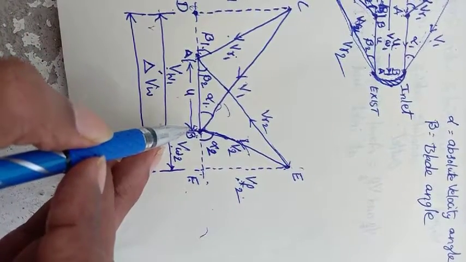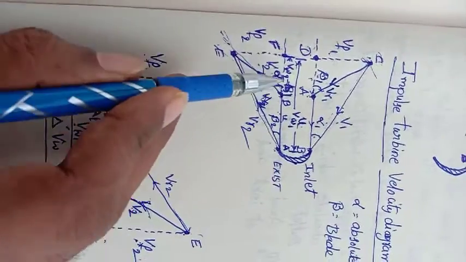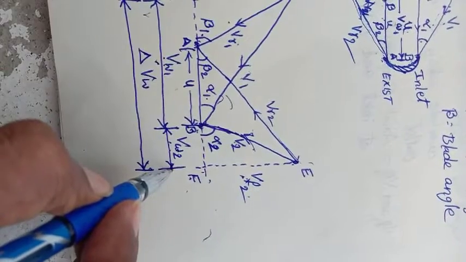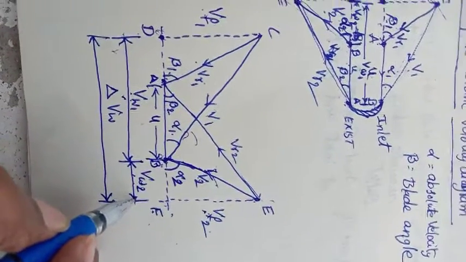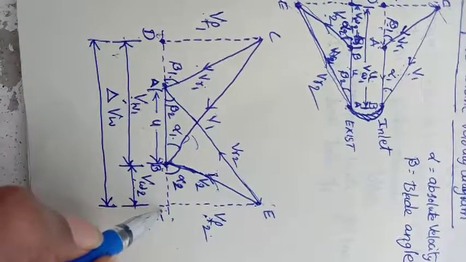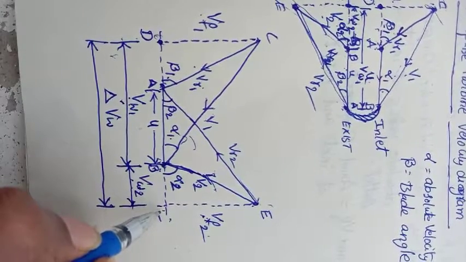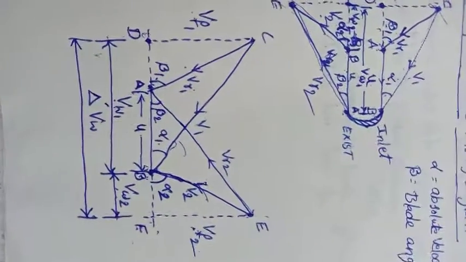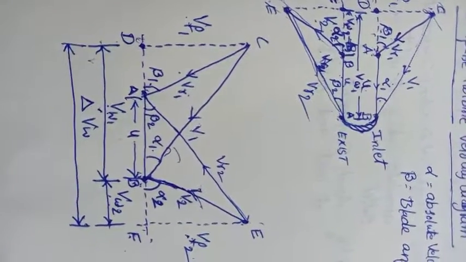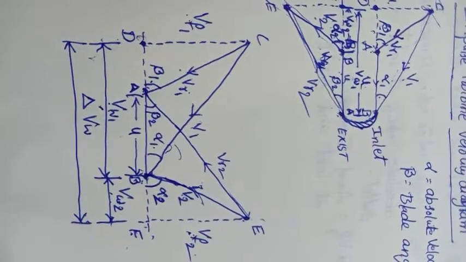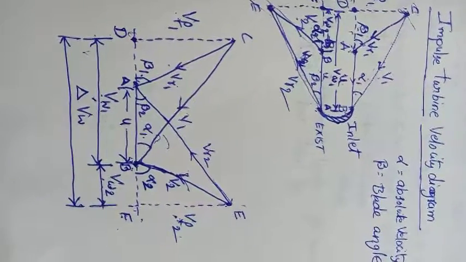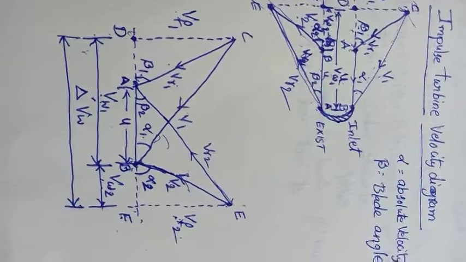Okay, and then look at here, Vr2 is the real velocity 2. And now here we are going to know about the wheel velocity. Change in velocity is equal to real velocity 1 minus real velocity 2. Okay, is it right? Yes.